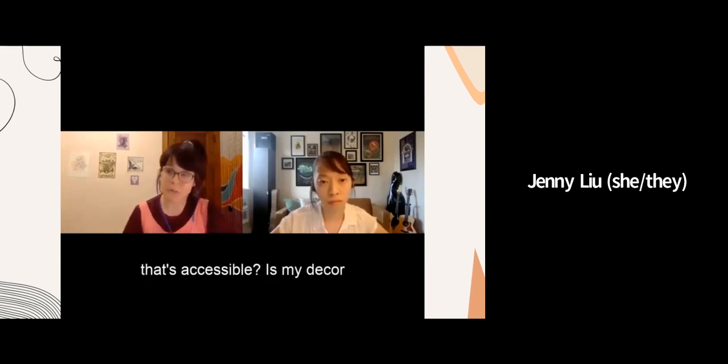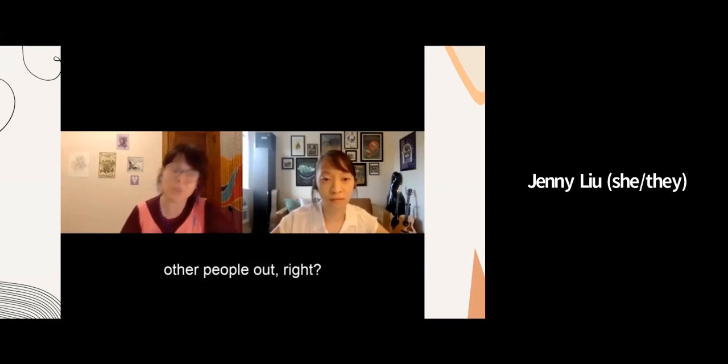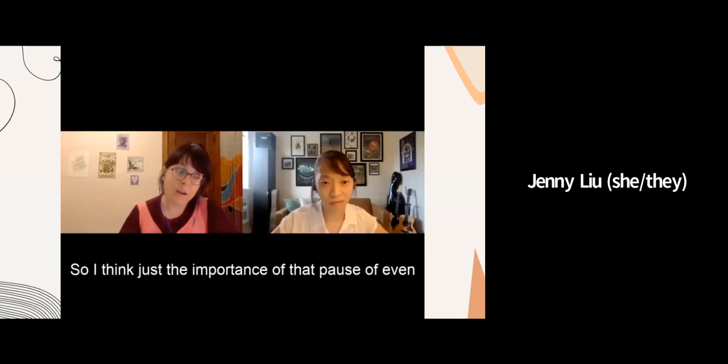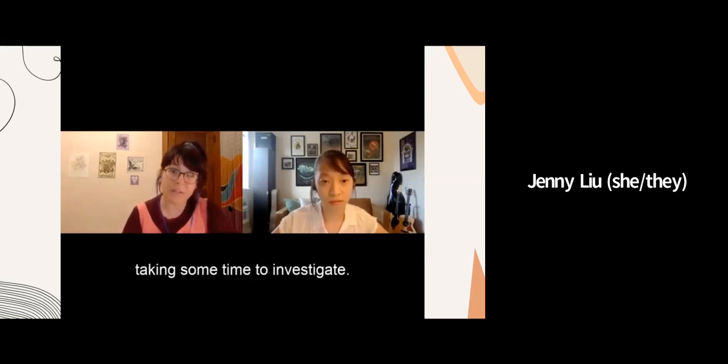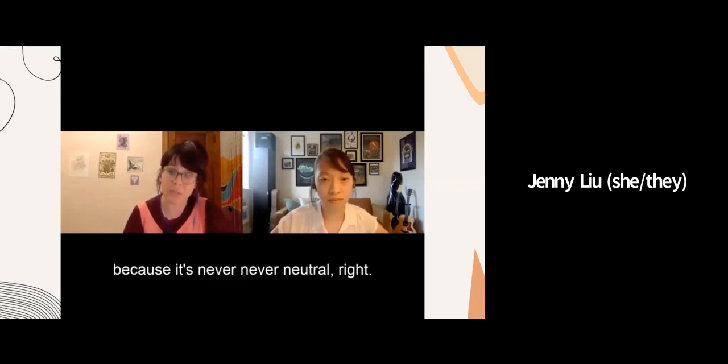Is my decor in the clinic centering certain people, which means it's leaving other people out? So I think of the importance of that pause, of taking some time to investigate what kind of practices we're setting up and who we are centering in those practices, because it's never neutral, right?